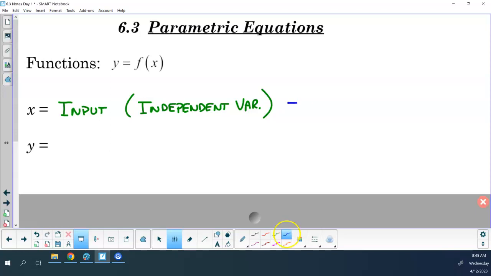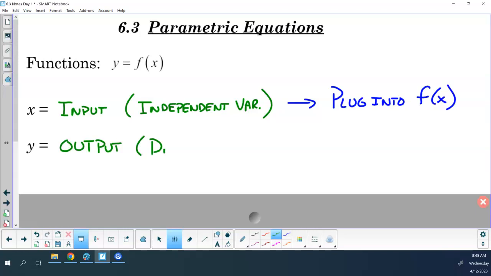And what you do with that is you would plug that in to your relation, your f of x, whatever your equation was. You plug that in, and you do that now. Sounds familiar? You've done it 10,000 times over the course of your academic career. So you guys, again, are experts at it. Then, once you plug that into your function, you got out a y value. That would be your output, your dependent variable, if you will.